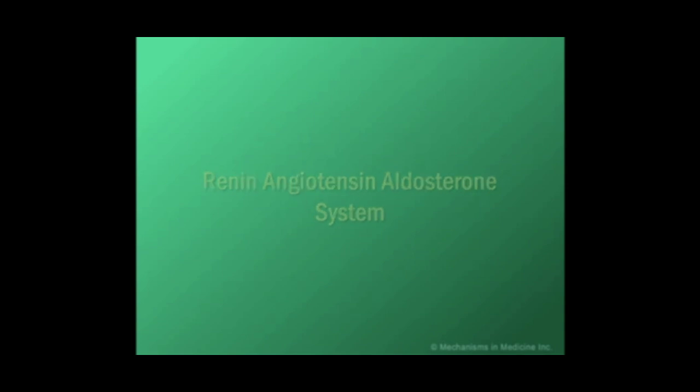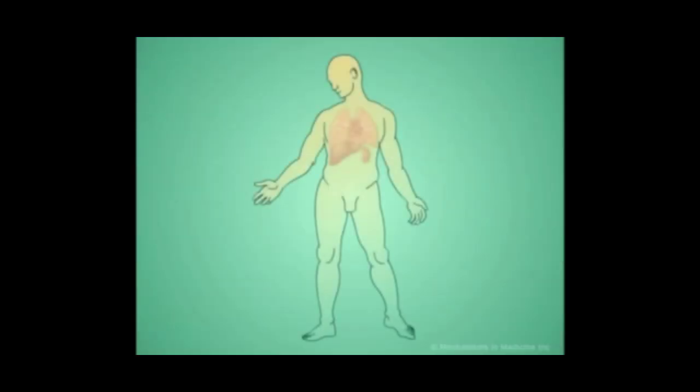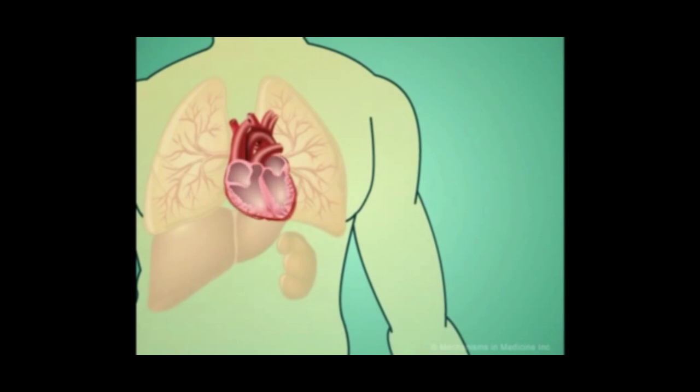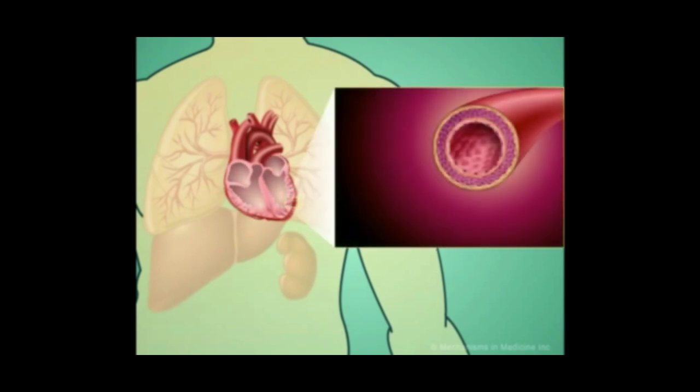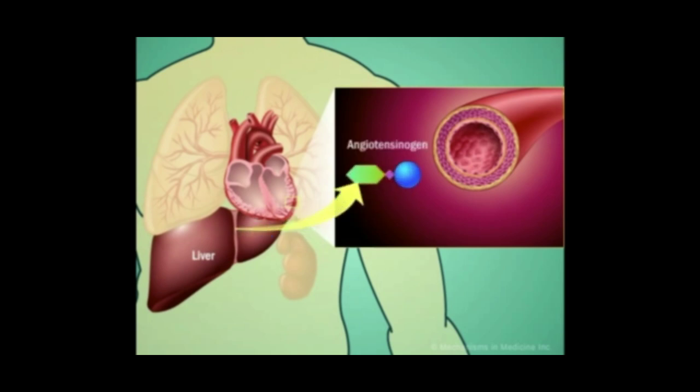The renin-angiotensin-aldosterone system is a classic endocrine system that helps to regulate long-term blood pressure and extracellular volume in the body. The system begins with the release of angiotensinogen into circulation by the liver. This may be in response to low blood pressure and adverse changes in sodium concentrations.